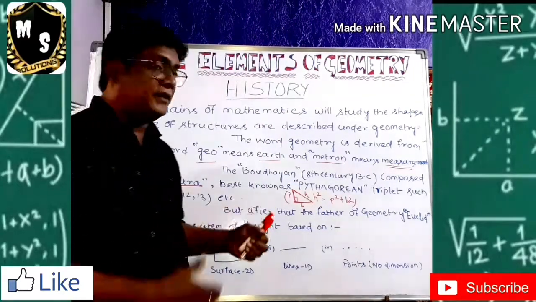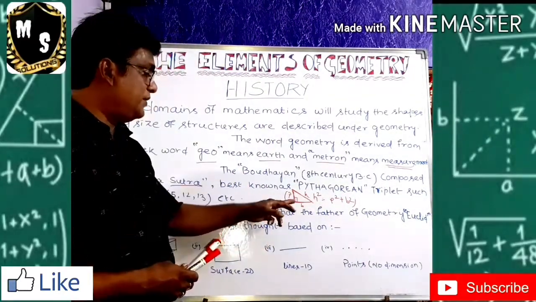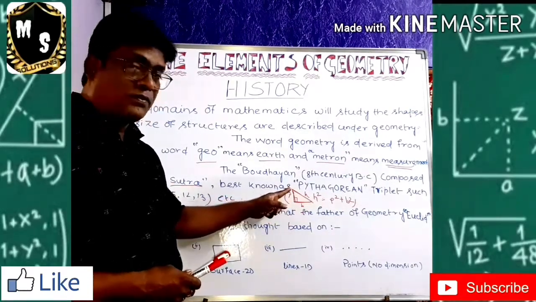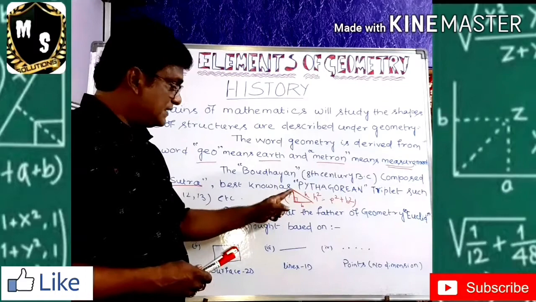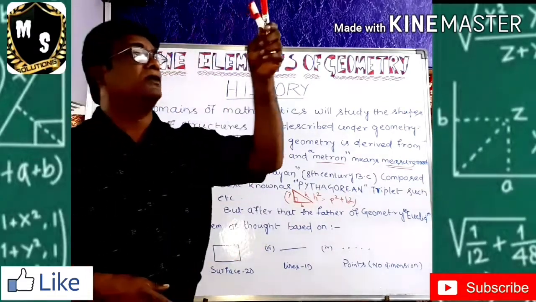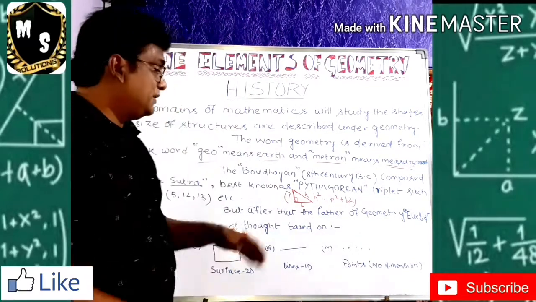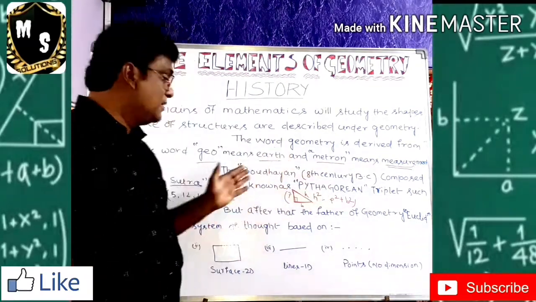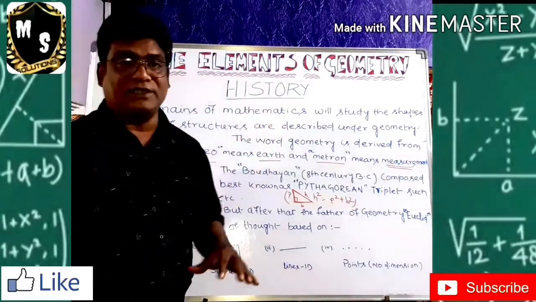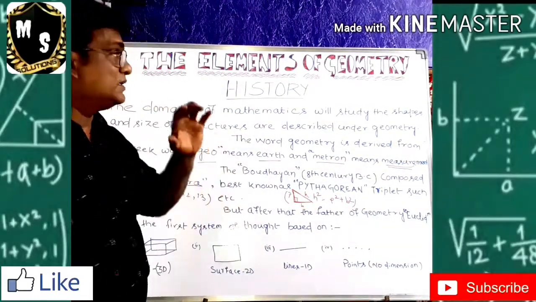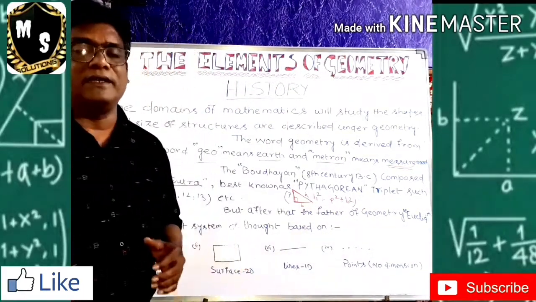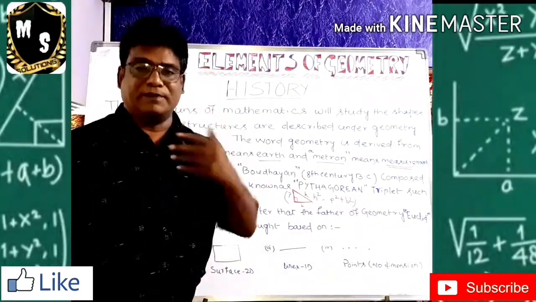So I can easily find the distance from the mountain top to my eye by using the Pythagorean triplet or Bodhayan Sulaba Sutra. These genius mathematicians told us about these elements of geometry, and we are helped by their inventions right now.